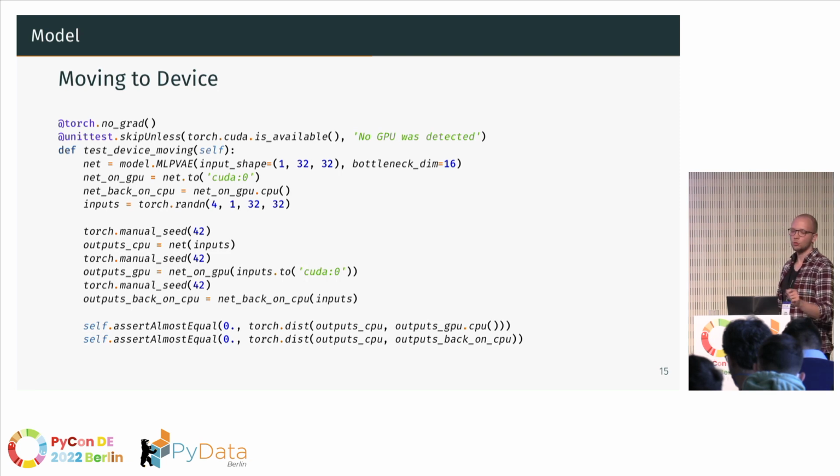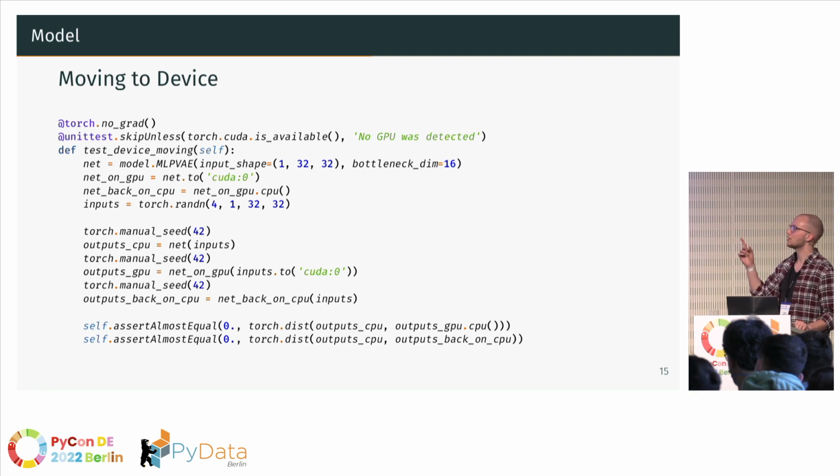Again, we have the torch no-grad decorator here, which helps us because we don't need gradients and makes it faster. And the second decorator here is a little cautionary step, because as I said, maybe the machine you're running on doesn't have a GPU, and then this test will fail. But you don't want the test to fail because of some external configuration thingy.